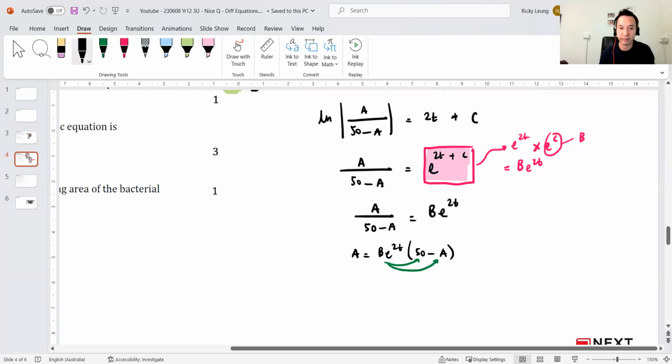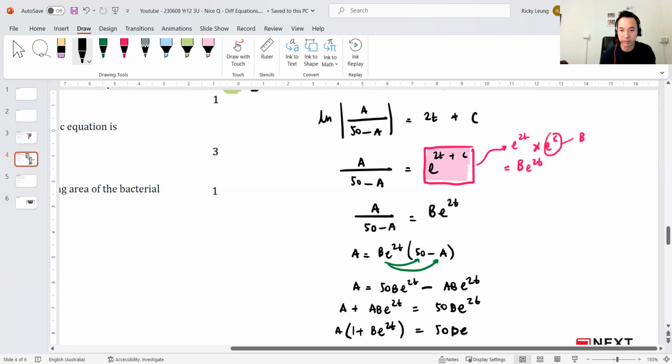Yeah, and then get a equals to 50B e2t minus aB e2t, plus the aB e2t over to this side equals to 50B e2t, and then factorize a on this side, 1 plus B e2t equals to 50B e2t. Oh, damn, I'm very close.